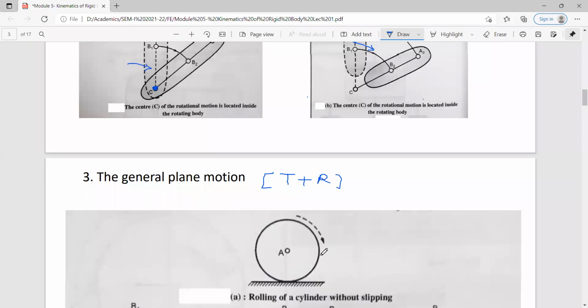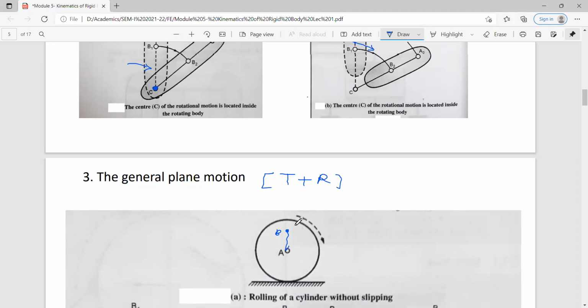Suppose I mark one point here, point B. I will join the point A with point B, this line, and I will observe whether the line AB remains vertical or changes in orientation.